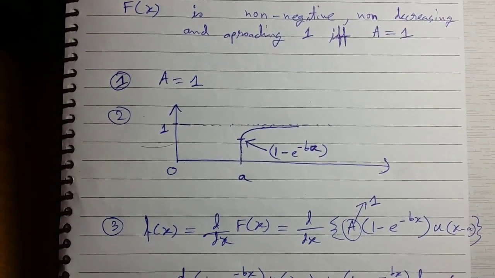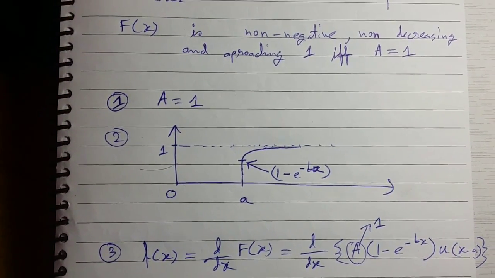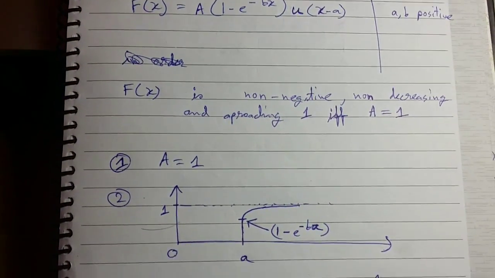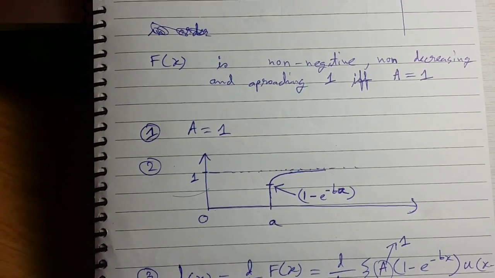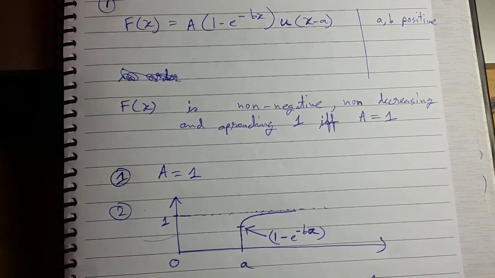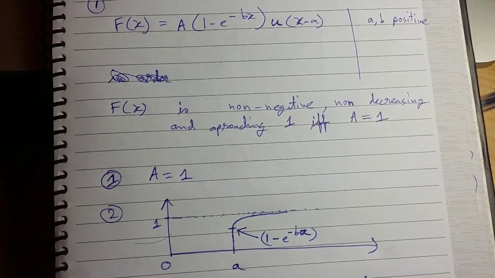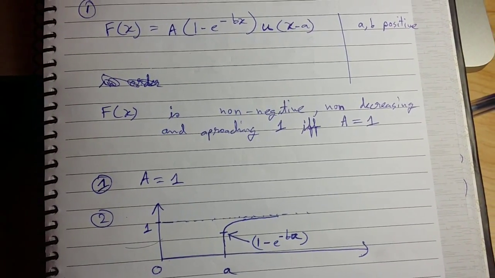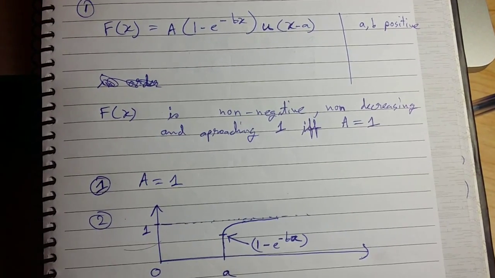Now since we have taken A as 1, by graphing the plot we will find out f of x. From our equation we can see that the exponential part is multiplied by a step function.